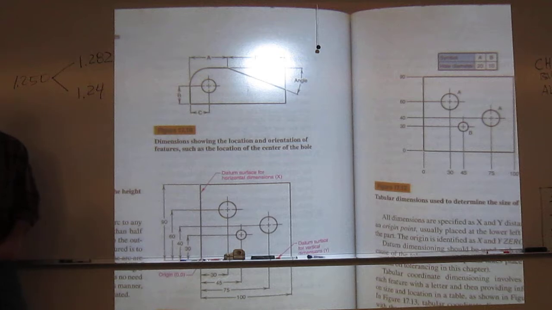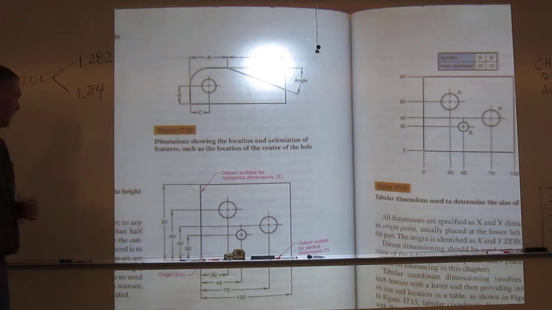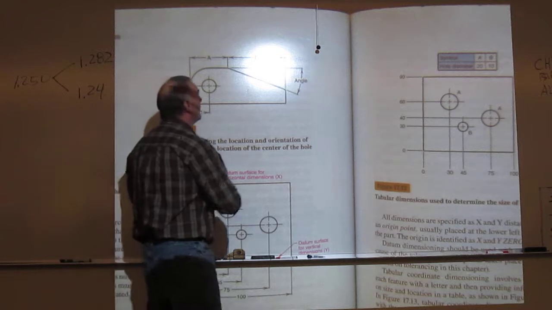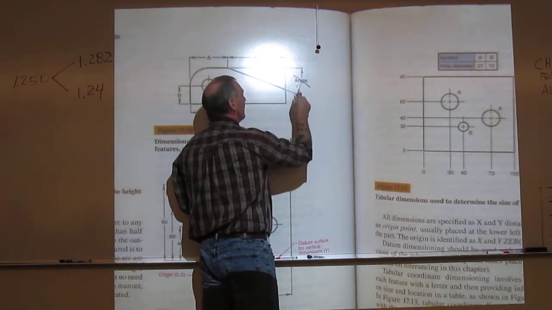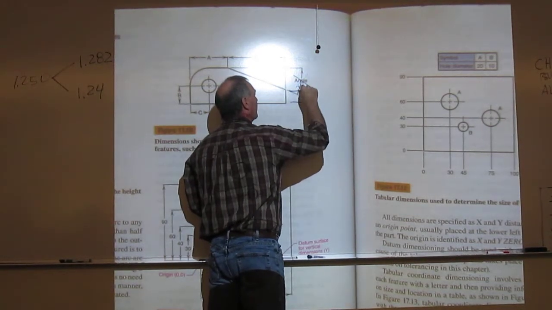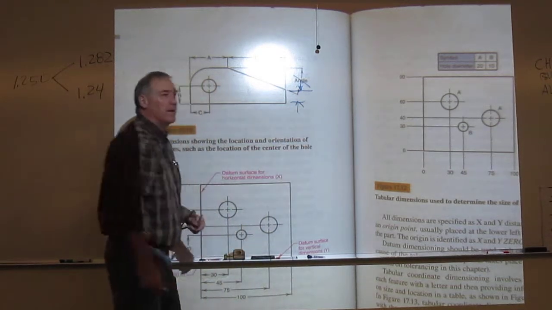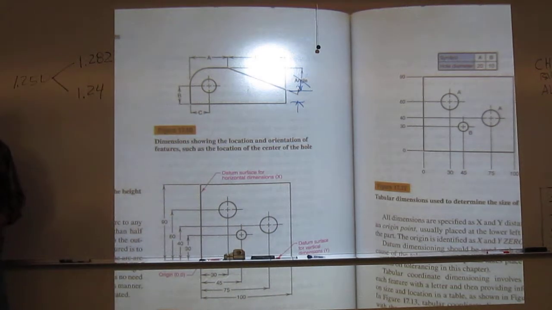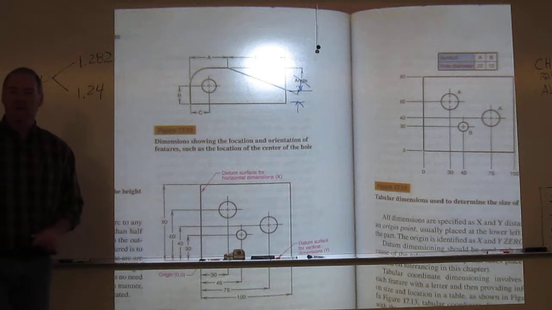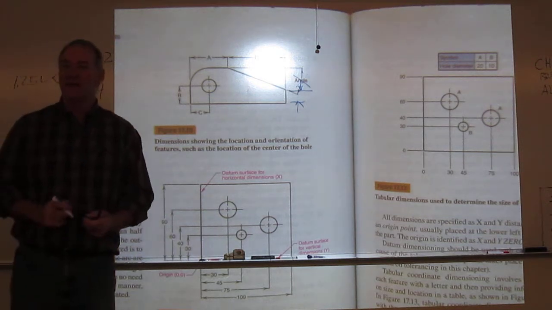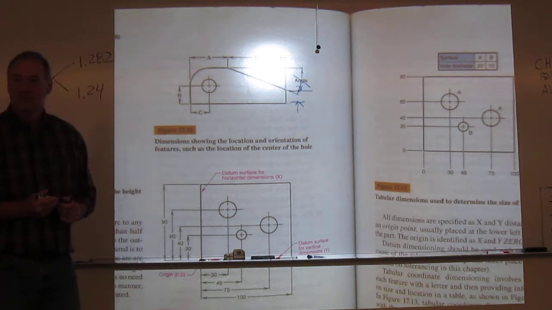You can do that, but it's not the preferred way. The preferred way is to give both linear dimensions for the angle. So by that, I wouldn't use this one. I would use this one. So we would prefer to have linear measurements versus angled measurements.